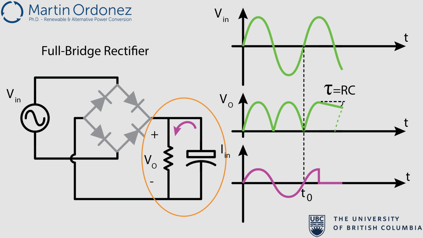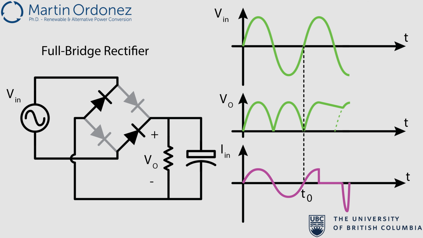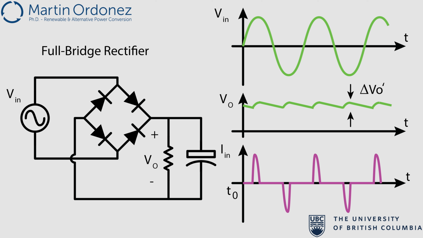During the diodes off time, the output capacitor and output resistor form an RC circuit, which results in discharging the output voltage with a time constant of RC. When the input voltage absolute value reaches the output voltage value, the output capacitor is again charged up to the peak value of the input voltage. After a few cycles, the output voltage looks like the waveform shown here with a voltage ripple of delta VO.